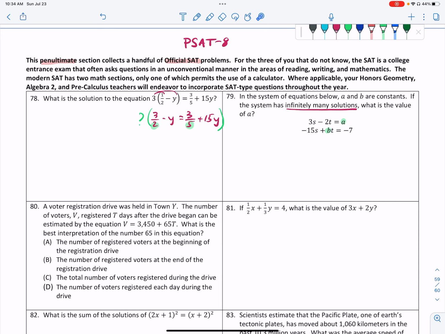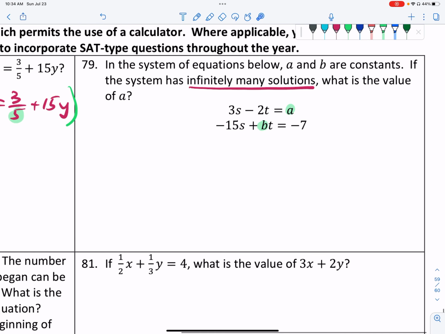That's the kind of thing that you're doing on question number 79. You have to basically figure out what you have to multiply these equations by in order to make the coefficients match up. Now, when you look at it, the hint here is the fact that you only know the coefficients of S. Like you don't know the coefficients of T because one's a -2 and the other one's a B. So you can't really make those things match up.